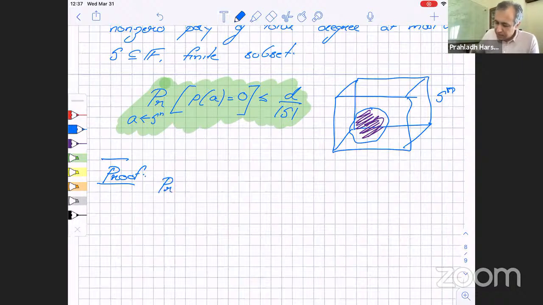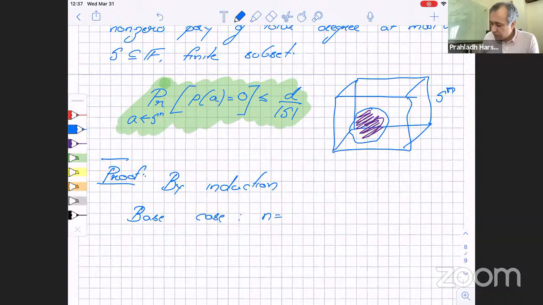The proof will be by induction. Base case, n equals 1. Of course, we know that it is true in this case. Let's assume it's true for up to n minus 1.